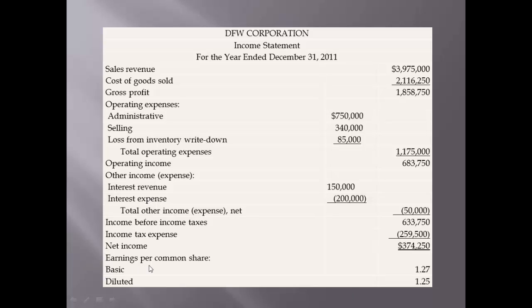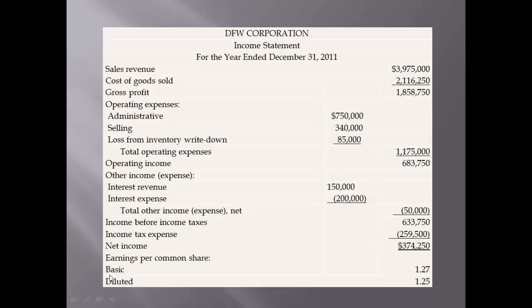Let's turn our attention to the earnings per share section. Earnings per share, EPS, is the amount of income achieved during a period for each share of common stock outstanding. All corporations whose common stock is publicly traded must disclose EPS.